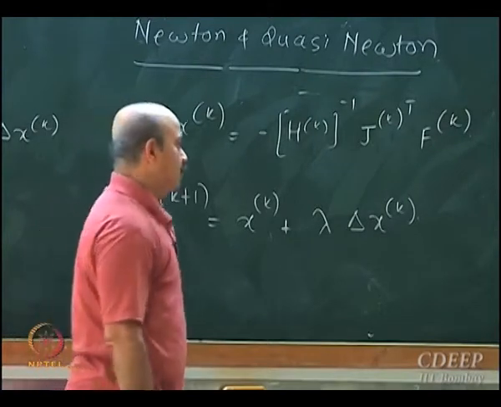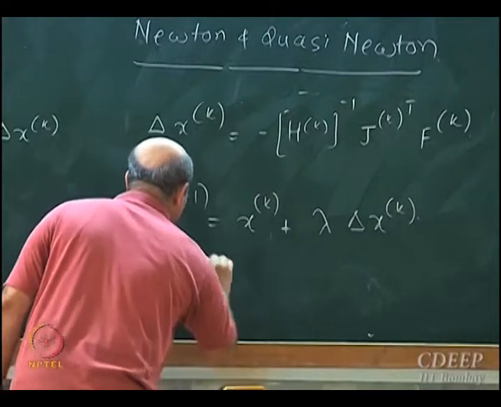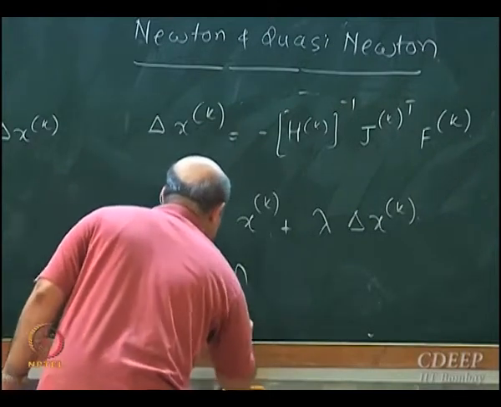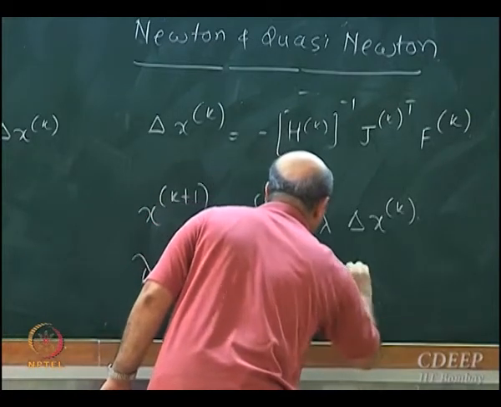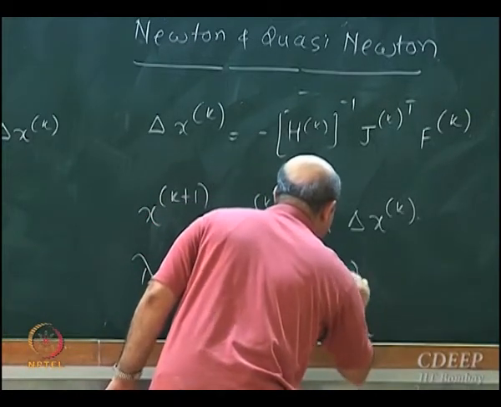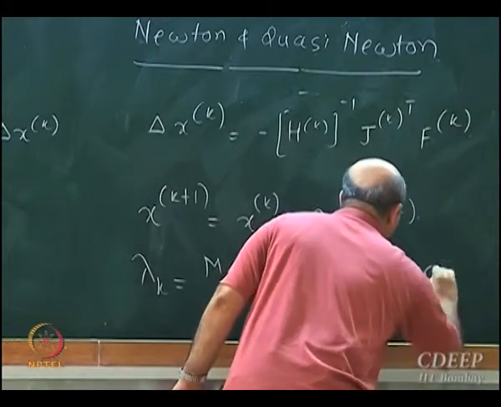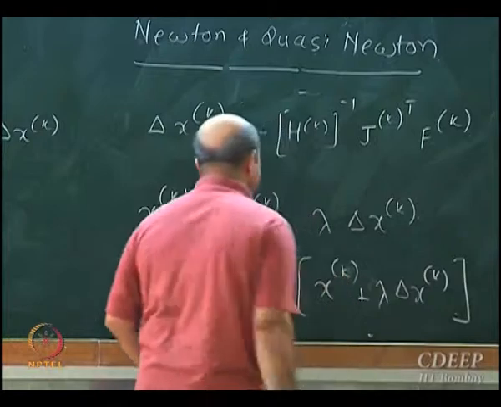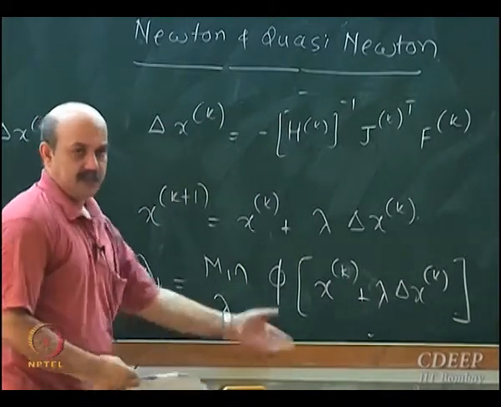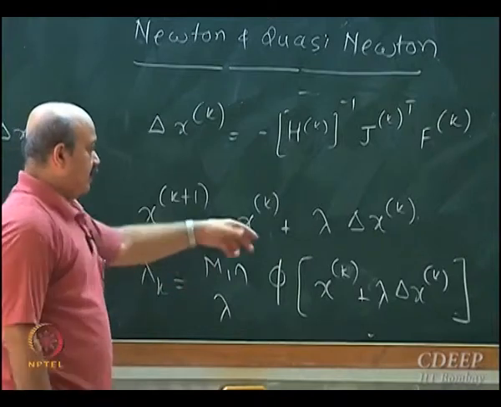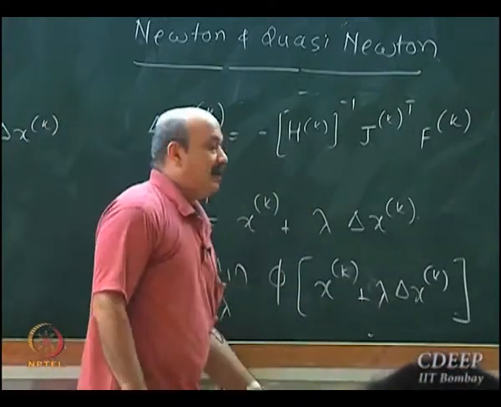So that part remains the same. Lambda_k is equal to the minimum with respect to lambda of phi of x_k plus lambda delta x_k. This part remains the same, a one dimensional minimization, but the direction for moving is obtained using the second order derivative.